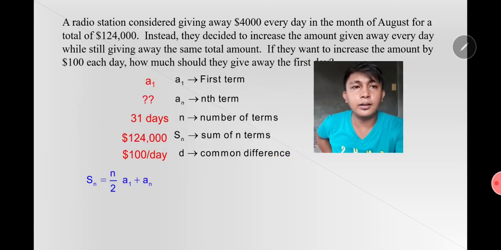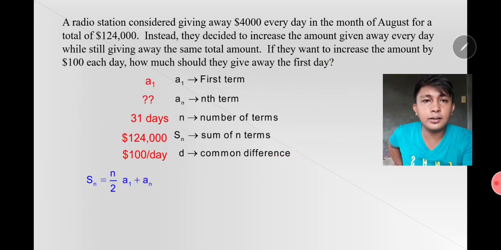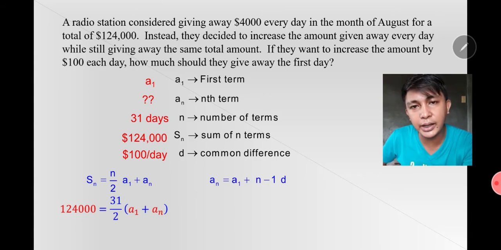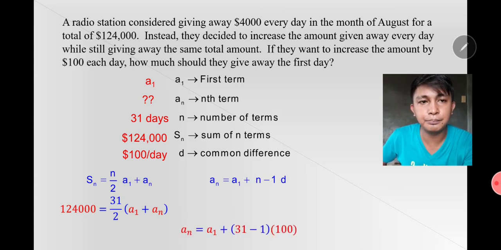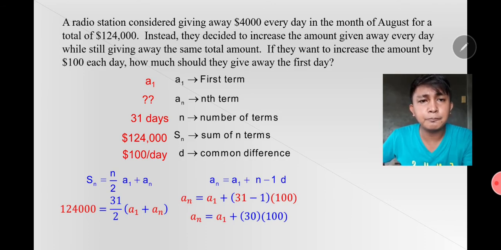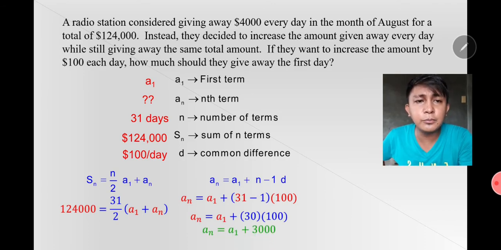Okay. Tignan natin yung mga formulang meron tayo. So, paano mo makukuha ang sum? Wala kang first term and the last term. So, try natin si formula for finding the nth term. Okay, so si a sub n or the last term is equal to a sub 1 plus 3,000.